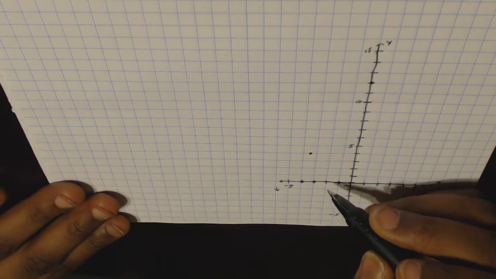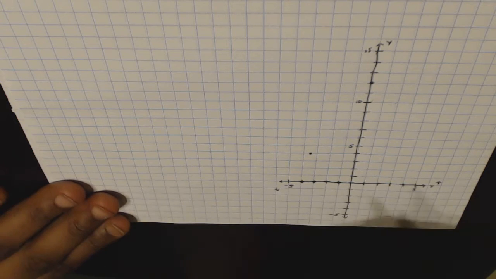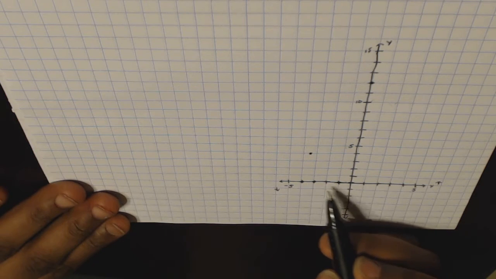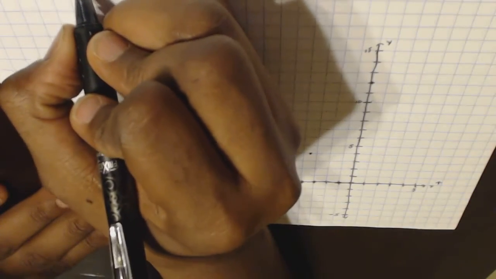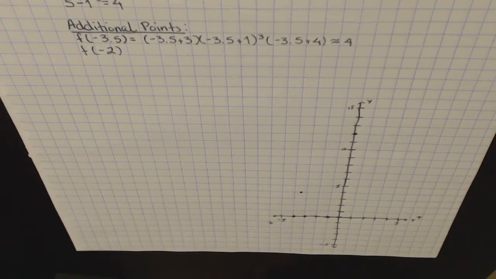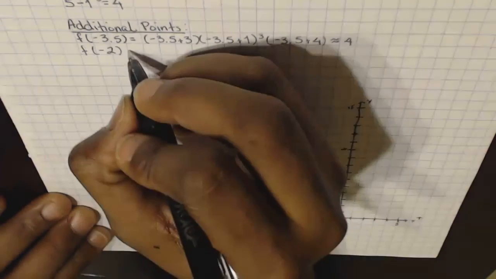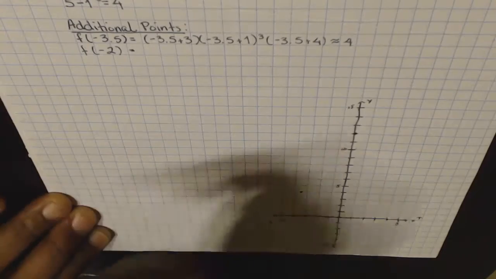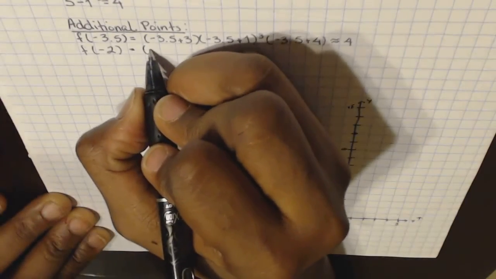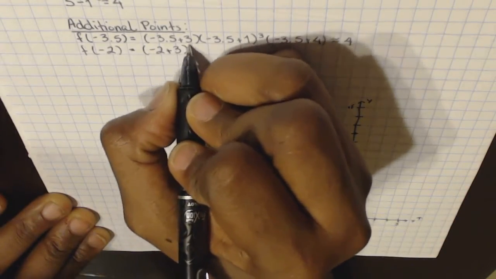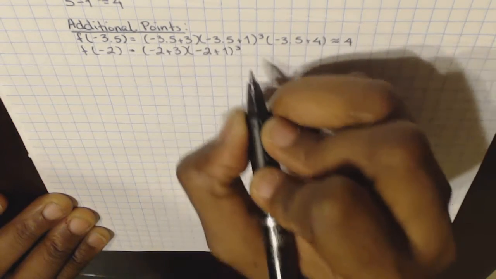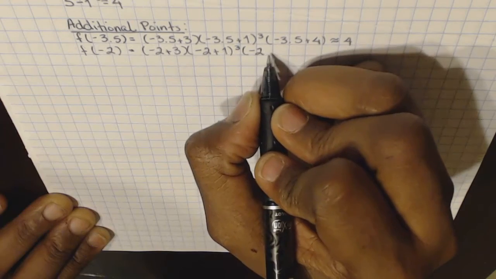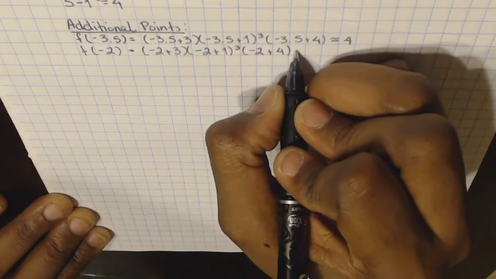I also know I have a turning point between -3 and -1. So I'm going to test f of -2 because it's between -3 and -1. So we have -2 plus 3 times -2 plus 1 quantity cubed times -2 plus 4.